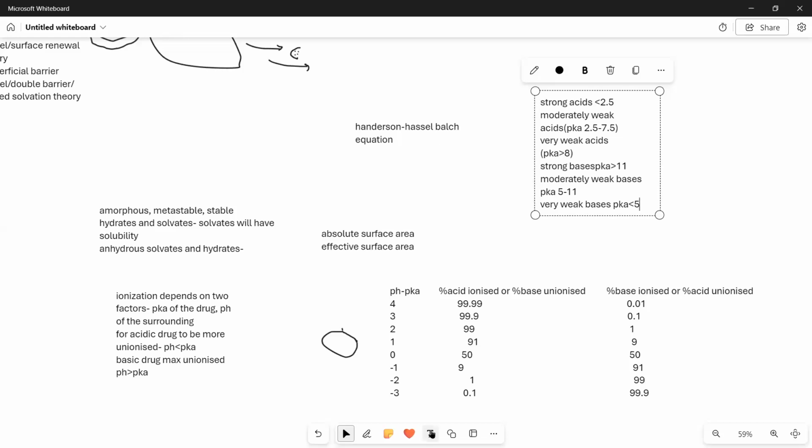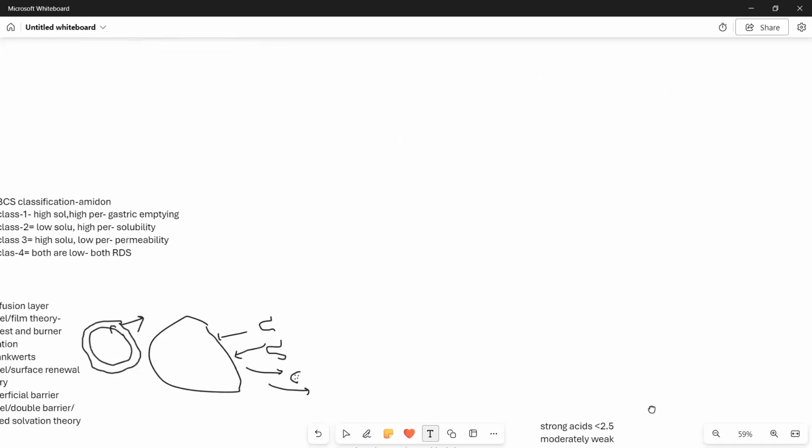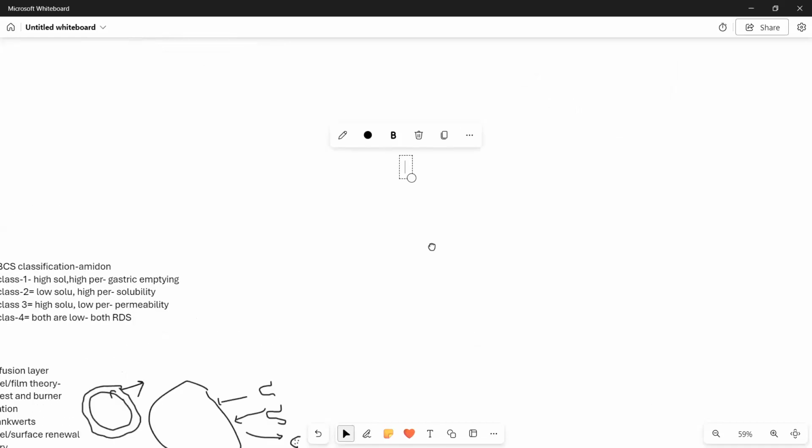Does anyone know what is meant by the Lipinski rule? Can anyone tell me the Lipinski rule? Is it the Lipinski rule of 5 or 7 or 8? It is the Lipinski rule of 5. Okay, so molecular weight less than 500, great.